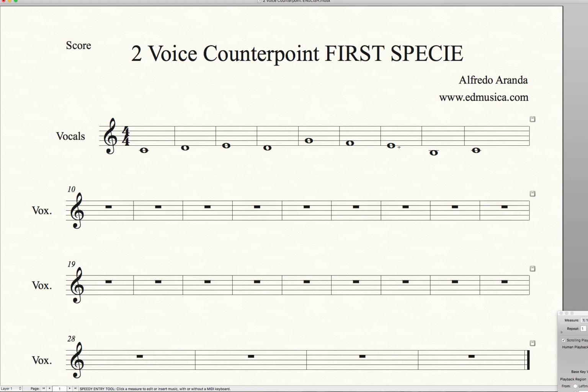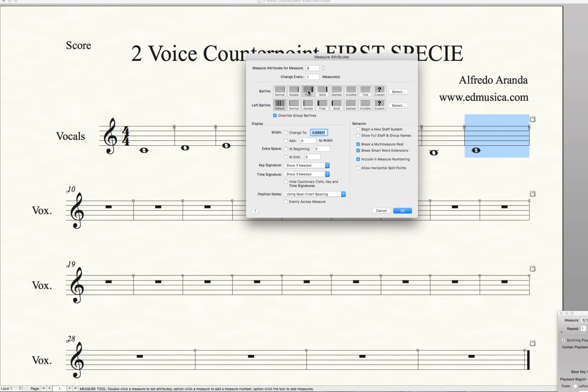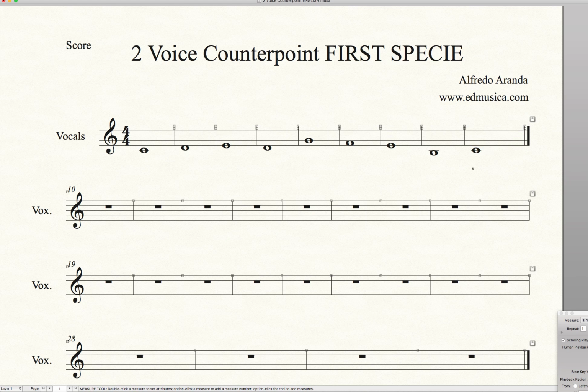Whatever someone composes, you have to make something good out of that. And this is what we're gonna do today. We're gonna mark the ending right here, and we are going to start in the first measure.